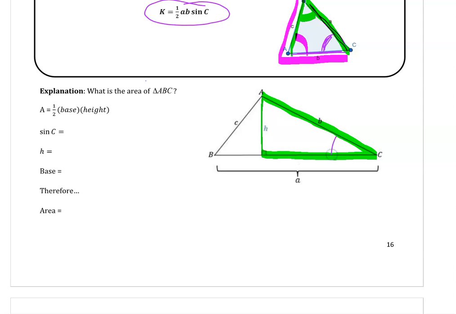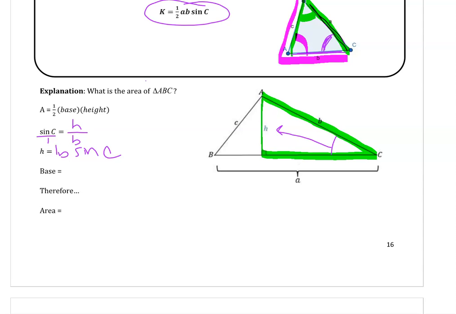So from angle C, the opposite side is H, and the hypotenuse would be side B. With a little bit of cross multiplying, I can see that 1 times H is H, and B times sine of C is just B sine of C. So H, this height, is equivalent to side B times the sine of C.